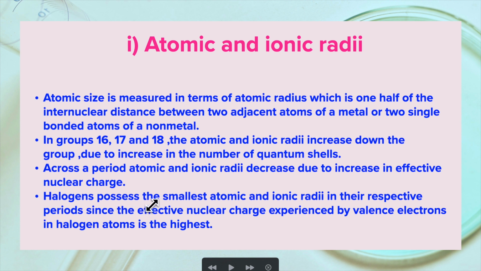Halogens possess the smallest atomic and ionic radii in their respective periods, since the effective nuclear charge experienced by valence electrons in halogen atoms is the highest.